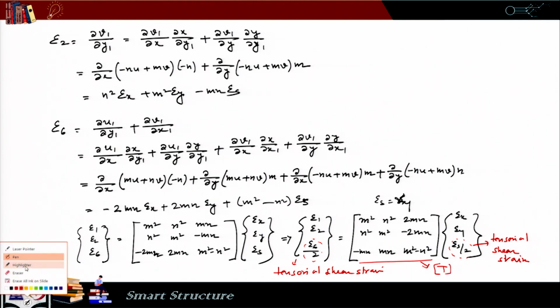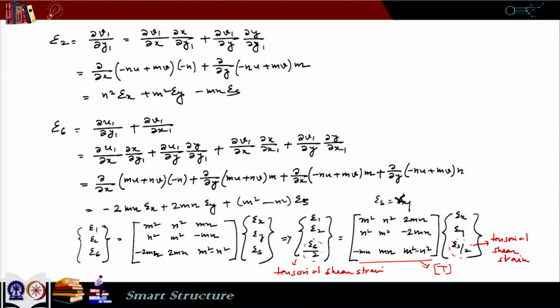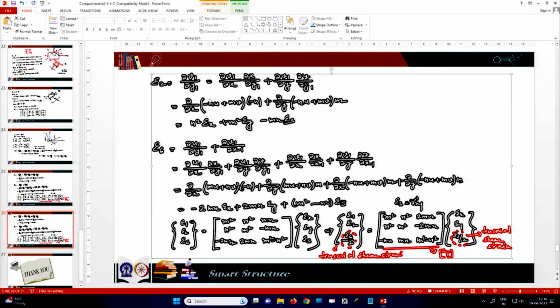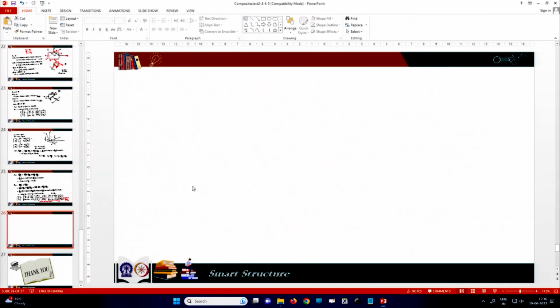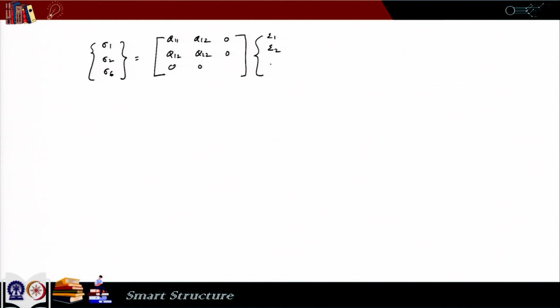So, now with the help of this we can rewrite epsilon 1, epsilon 2, epsilon 6, the relation that we got: q11, q12, 0; q12, q22, 0; 0, 0, and here in the shear strain part, instead of using epsilon 6, let us use epsilon 6 by 2.